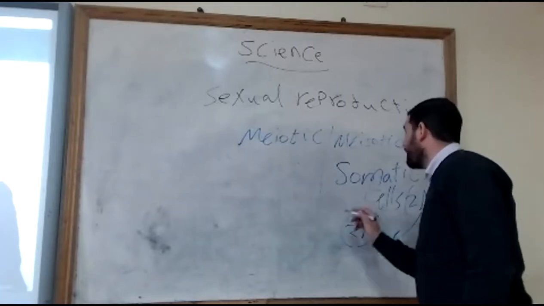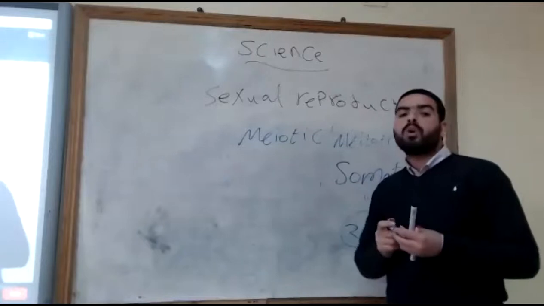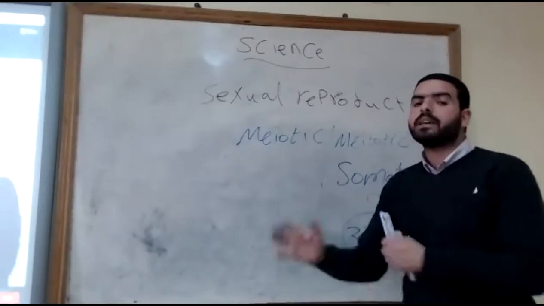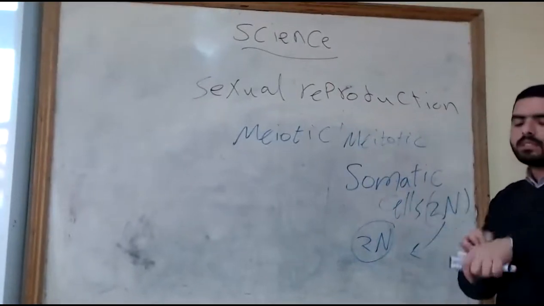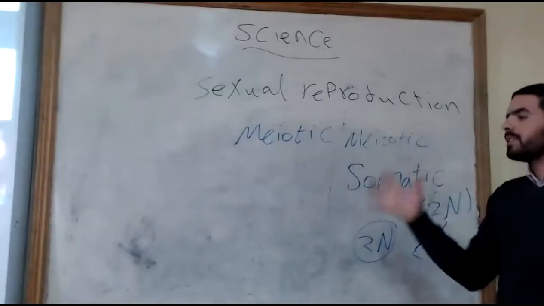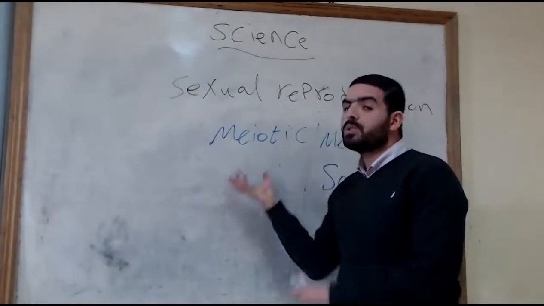The aim of this division is to repair worn out or damaged cells and also for growth. So it occurs in somatic cells like the cells of the skin, like cells of any other parts of the body except the cells that produce gametes.